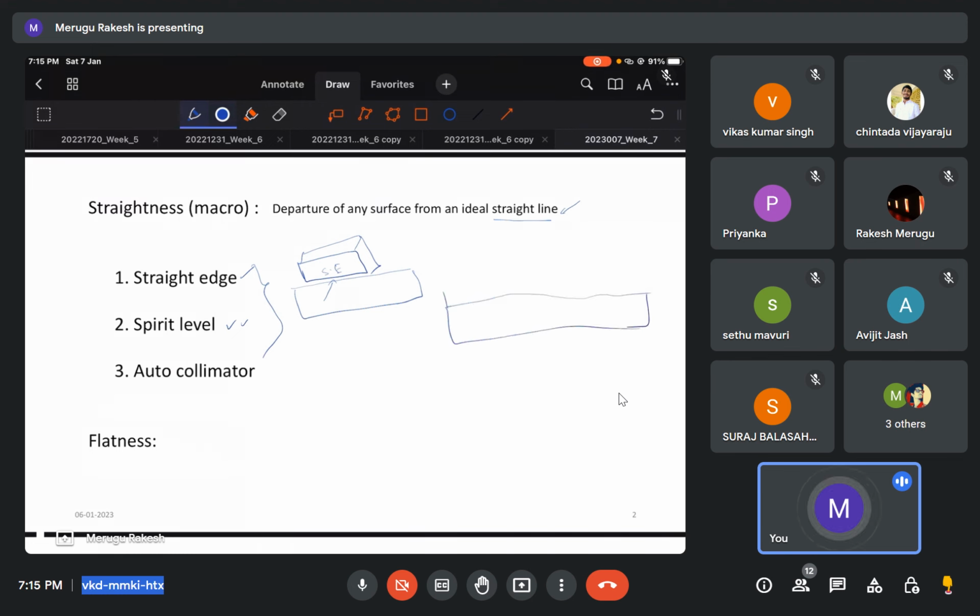I will take the spirit level, and the bubble will move up and down, or sidewise. I will take one point here, similarly another point here, and so on. I will get some data regarding the surface, and accordingly I will establish the straightness.